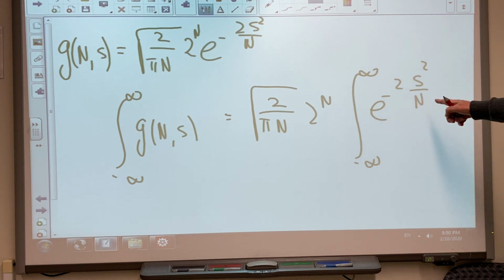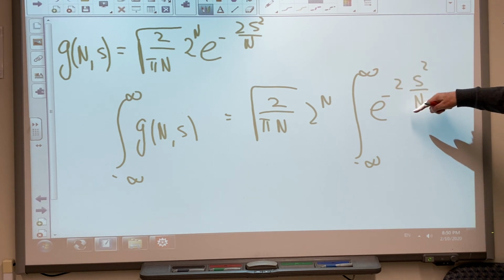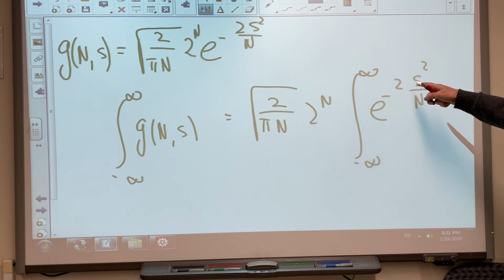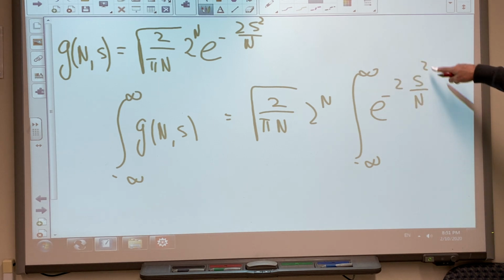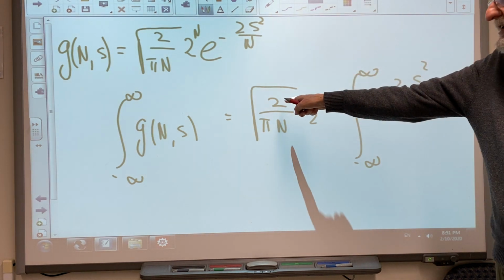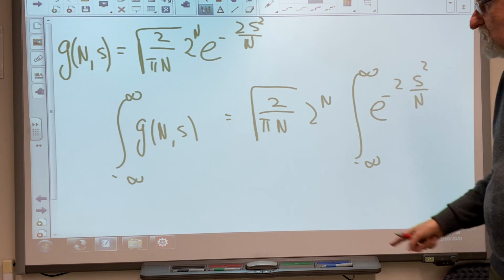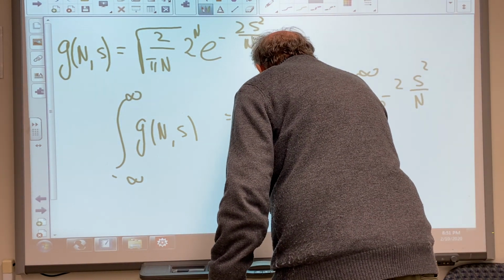And this integral, remember, is square root of pi over alpha, where alpha is what is in front of the s squared. So this is square root of pi over 2 over n, or square root of pi n over 2.